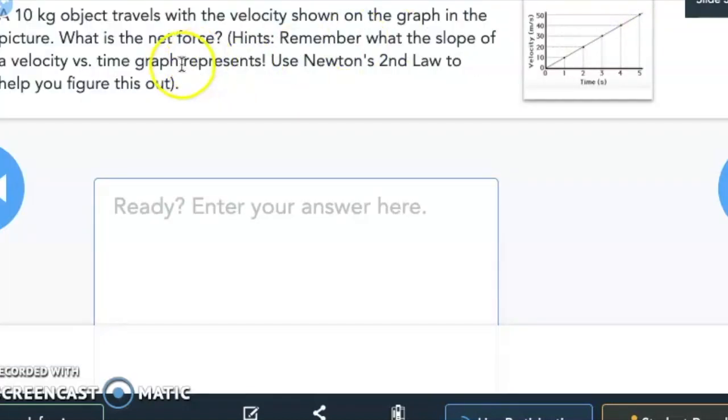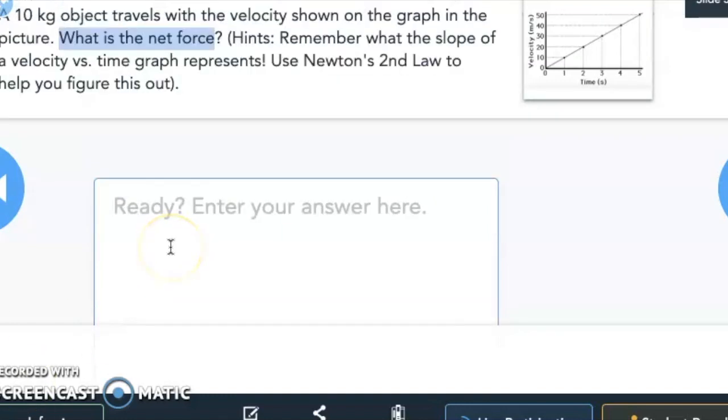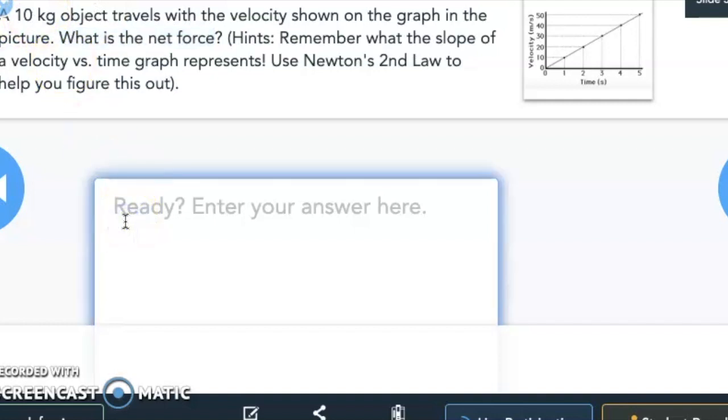We can then use that paired with the mass given in the problem of 10 kilograms in order to find our net force using Newton's second law. Remember, Newton's second law states that the net force is equal to our mass times our acceleration. So you would be able to write your answer in here and solve. I'm not going to give it away, but you should be using your acceleration, your slope, and the mass here so that you can solve it.